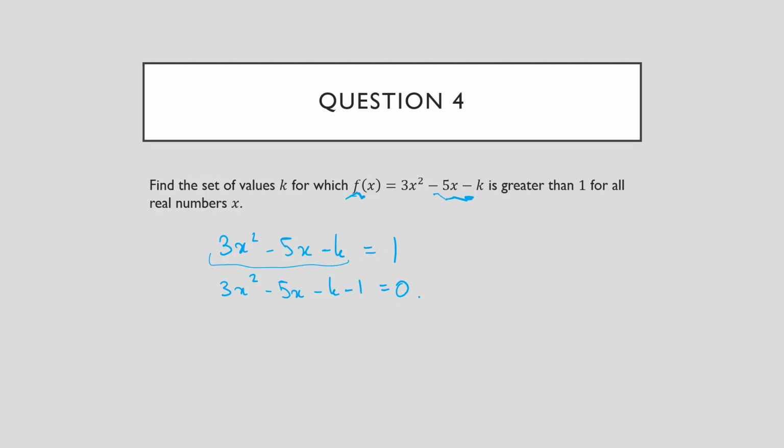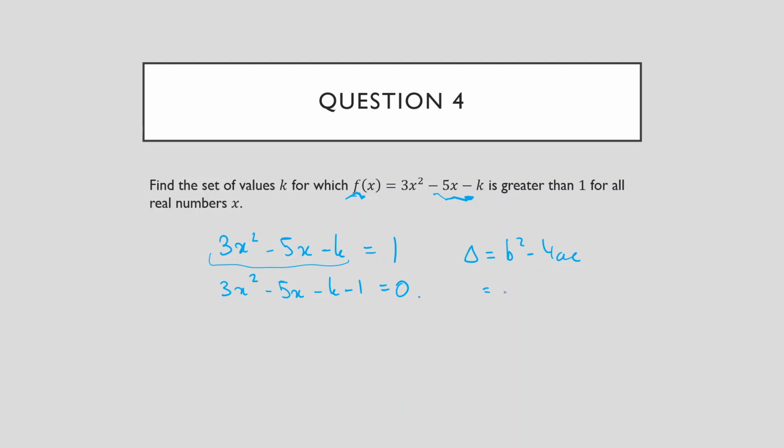Now remember, two graphs will not intersect if, when we make their equations equal to each other, the resulting quadratic equation has a discriminant less than 0. So what is the discriminant here? b squared minus 4ac.